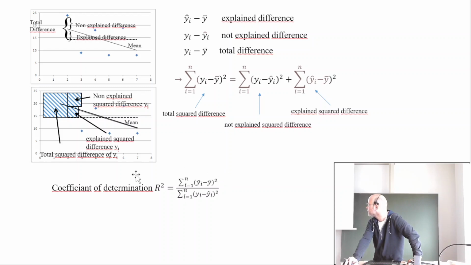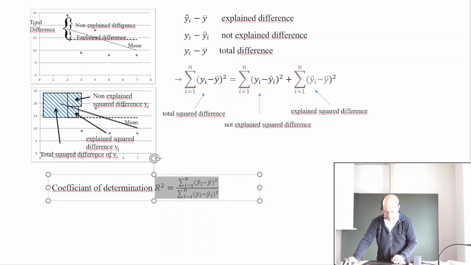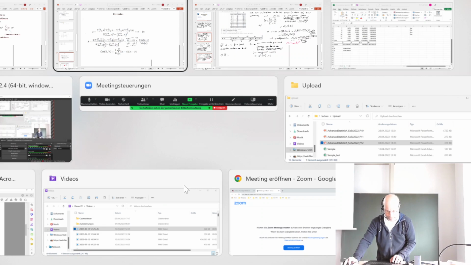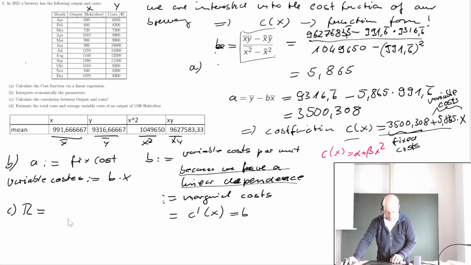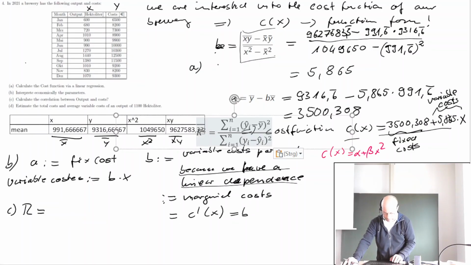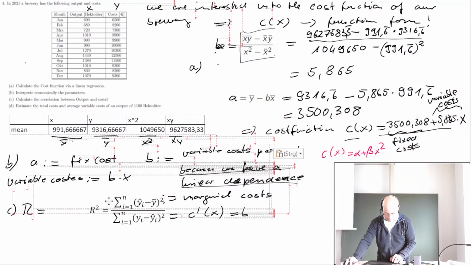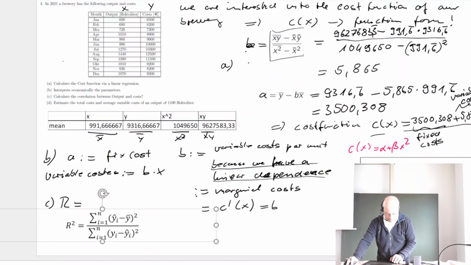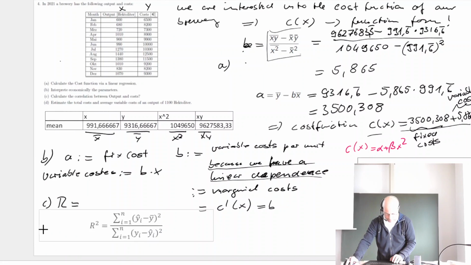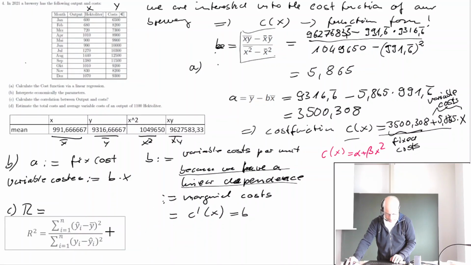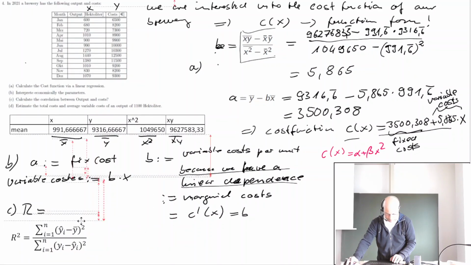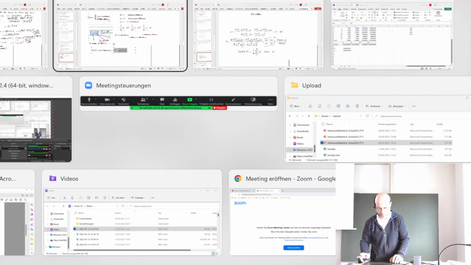And I think from my table this is the fastest possibility to calculate it. So let's take this one.